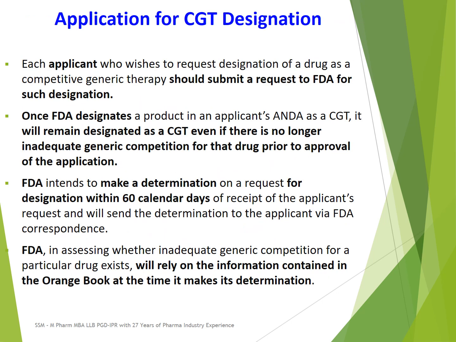Now coming to application for CGT designation. Each applicant who wishes to request the designation of a drug as CGT or competitive generic therapy should submit a request to FDA for such designation. And once FDA designates a product as a CGT, then that product will remain designated as CGT even if later on the condition of inadequate generic competition goes off.